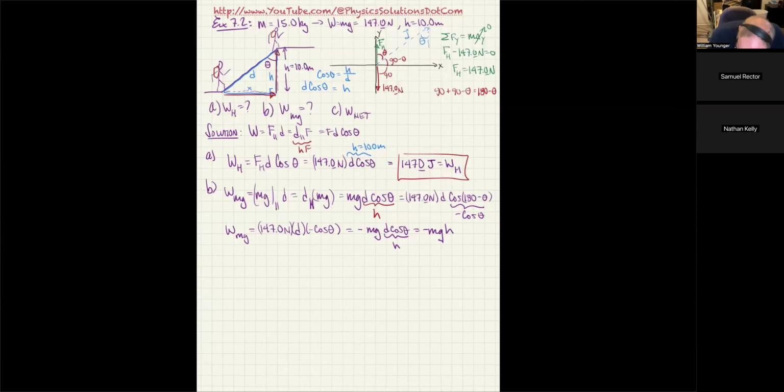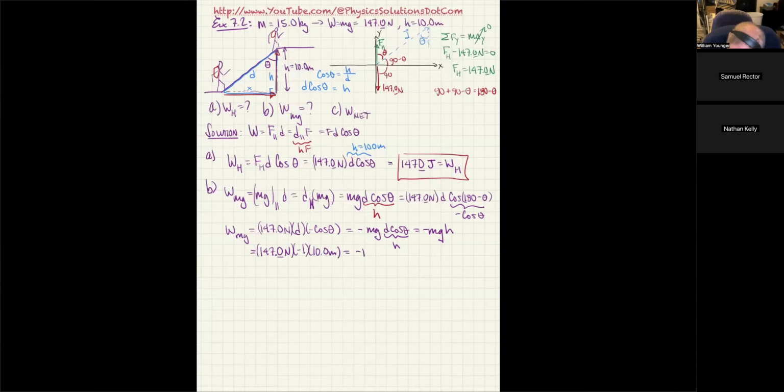That being said, we're going to get that the total work done is 147.0 newtons times negative 1, because the cosine of 180 minus theta is negative cosine theta, and then times d cosine theta, which was h, which was 10.0 meters.